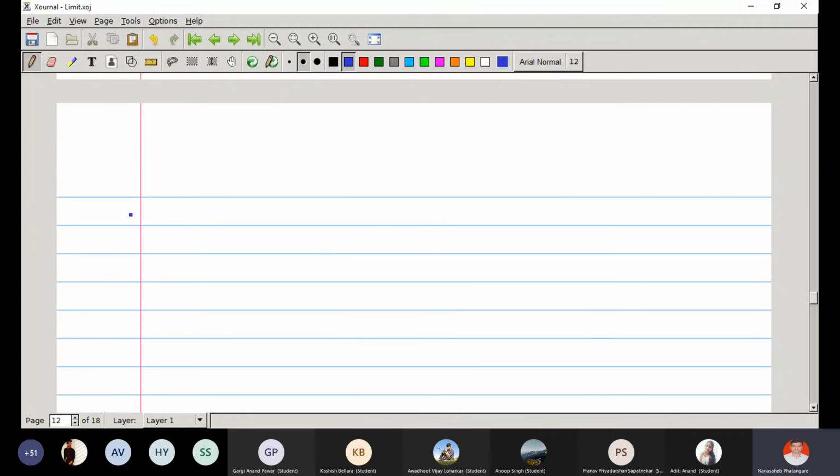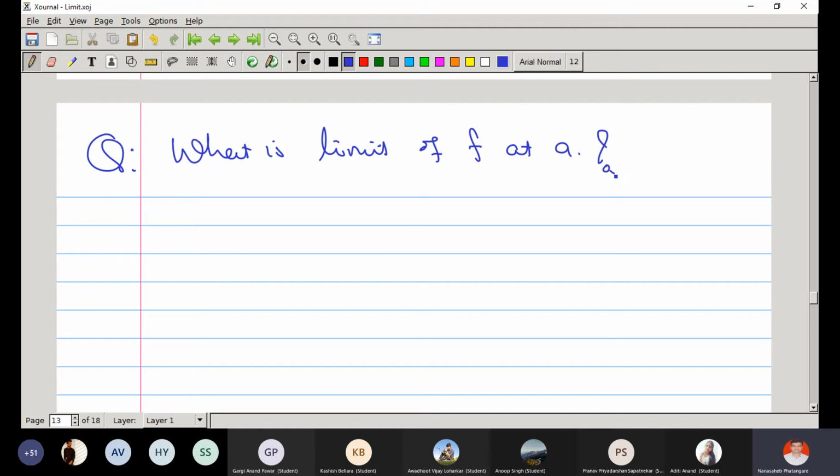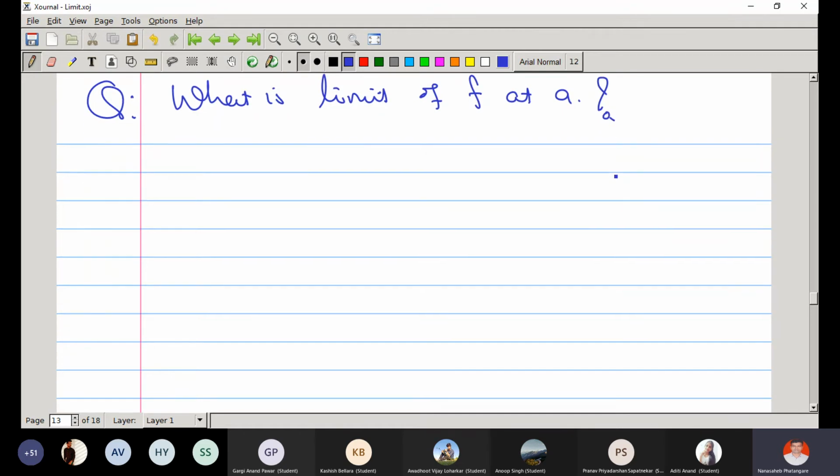Okay, then what is the limit? Then big question. Right, so what is the limit of a function at a point? And it is somehow similar to the limit of a sequence of numbers.